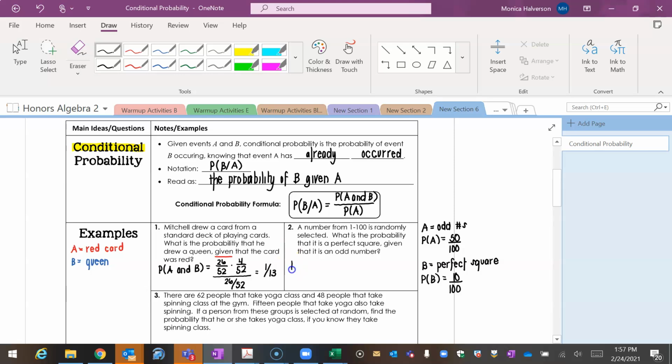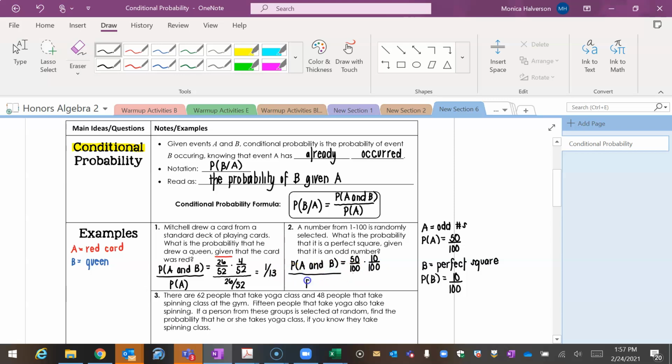So to find the probability that you are going to pick a perfect square card given that it's an odd number, the probability of A and B is going to be 50 over 100 times 10 over 100.